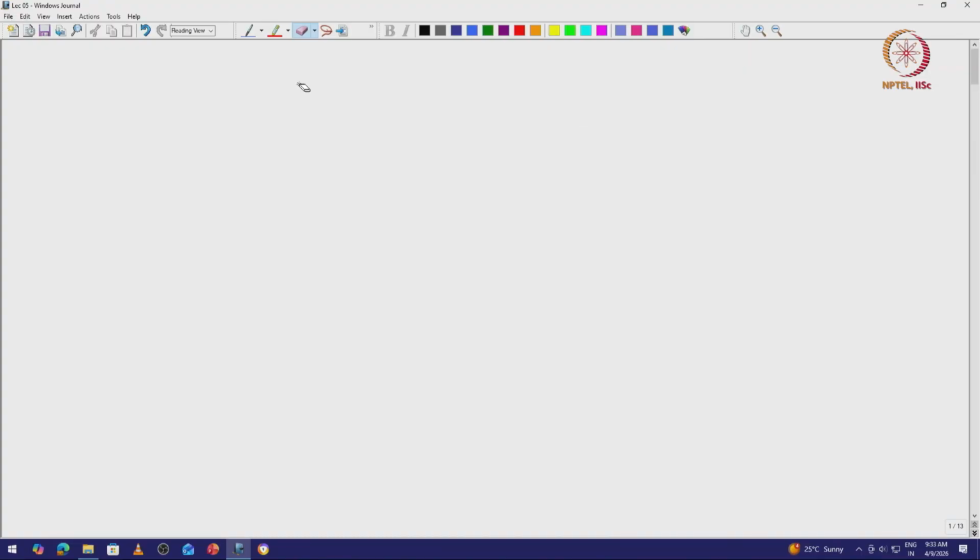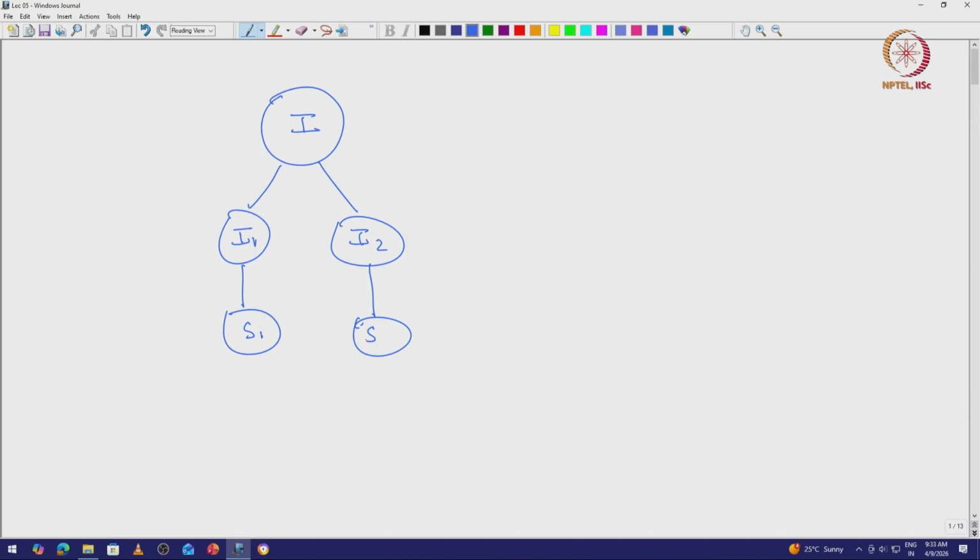So, the divide and conquer algorithm will have the following structure. You are given an input that is split into two disjoint parts and you solve them individually through recursion and then use the solutions to generate the solution of the whole.